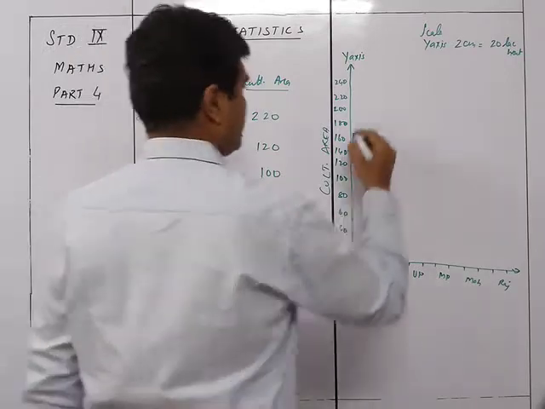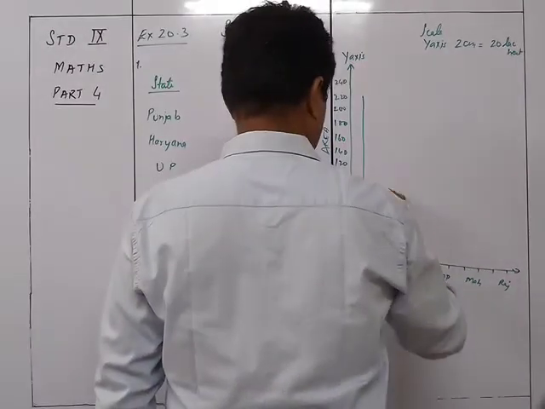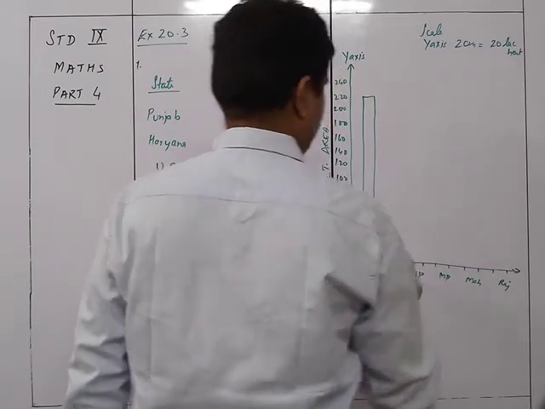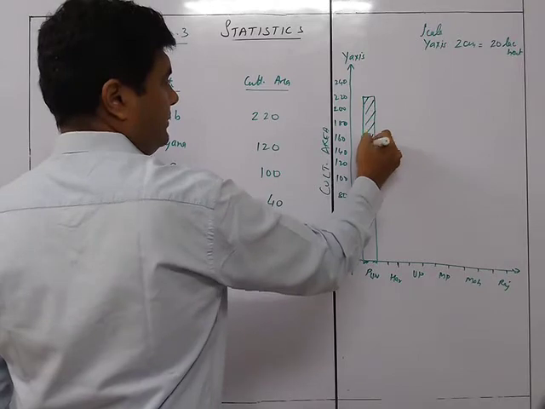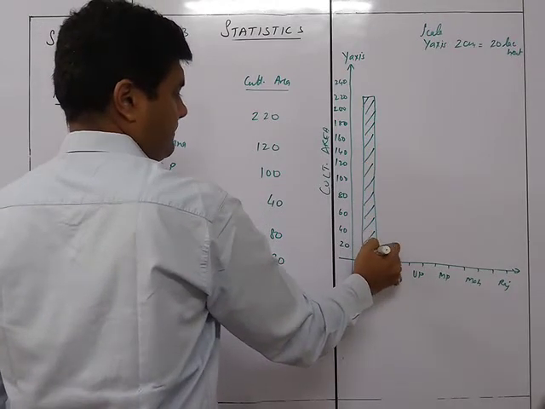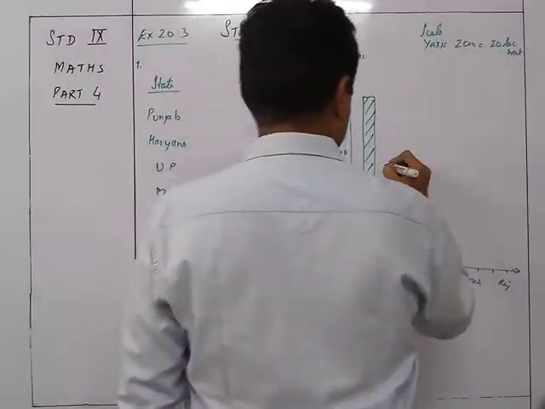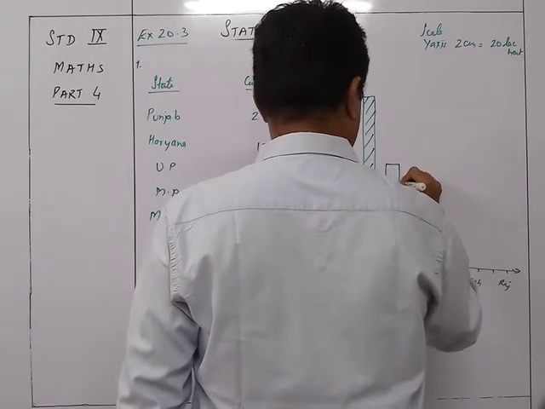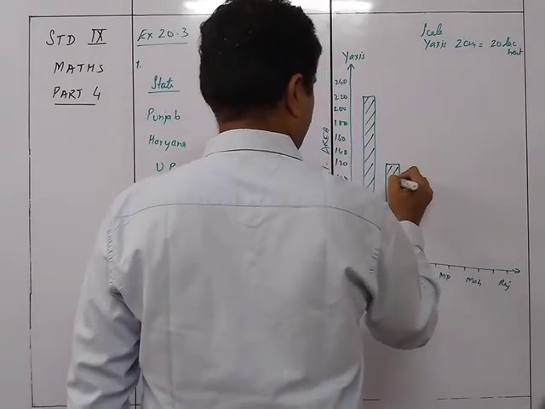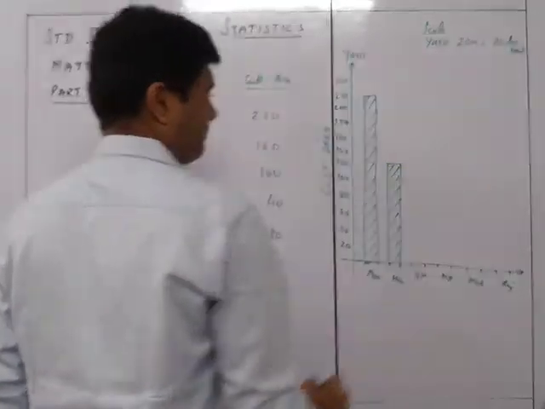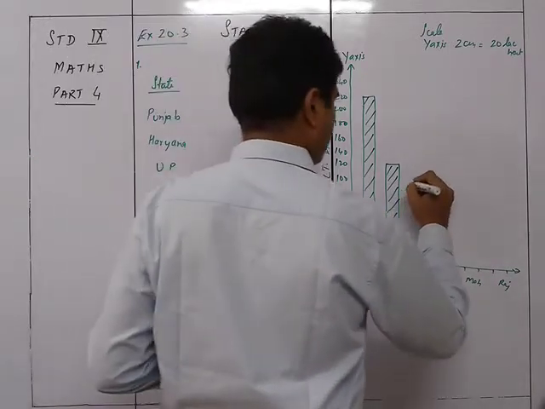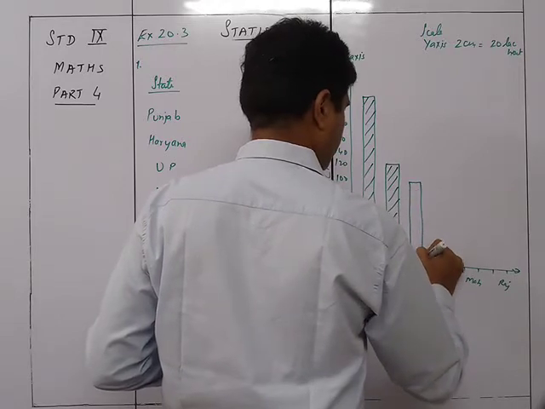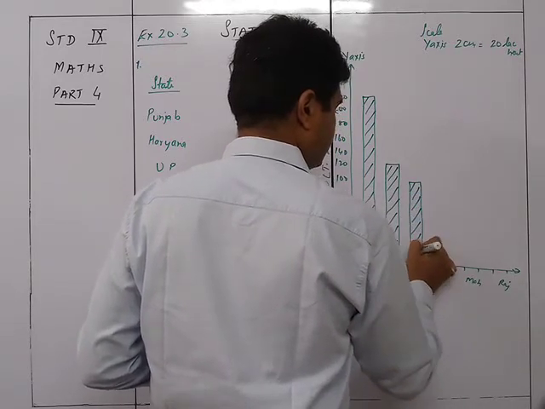That is 220, the first one. Okay, that's 220. Next is 120. So 120 will be here. Then it's 100. That's 100.